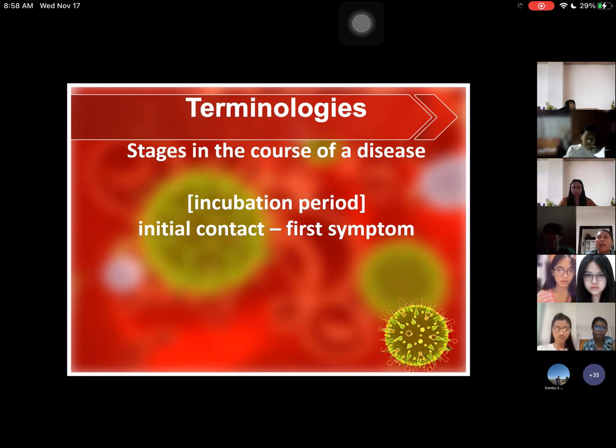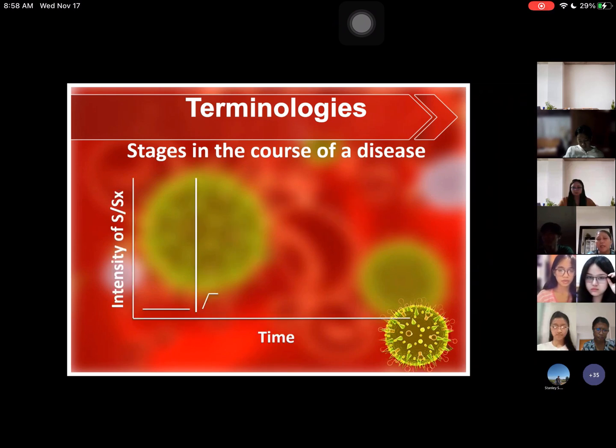And of course, another reason is the overall status of the health of the individual. So if the individual is immunocompromised, or has a weak immune system, the individual can be infected easily, or can gain the infection faster. Okay, so that's the incubation period.